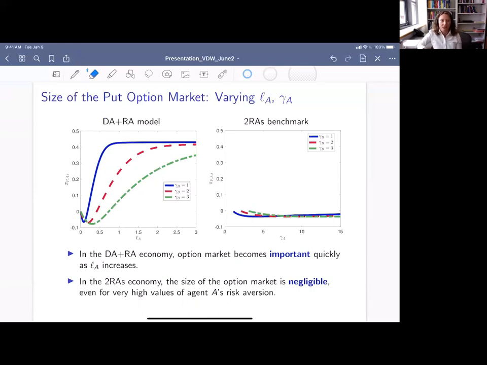For sufficiently large values, it's no longer sensitive to these changes. Whereas when you look at the risk aversion, no matter how big we make this difference between the two risk averse agents, it doesn't help. We do not obtain a sizable option market in this benchmark economy.